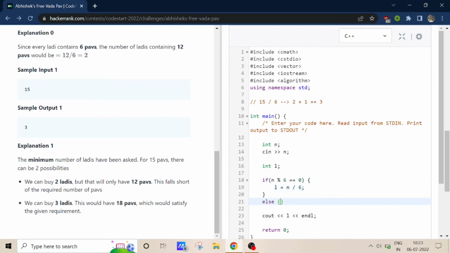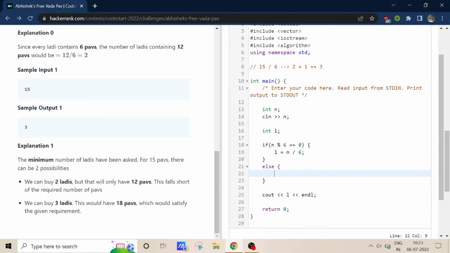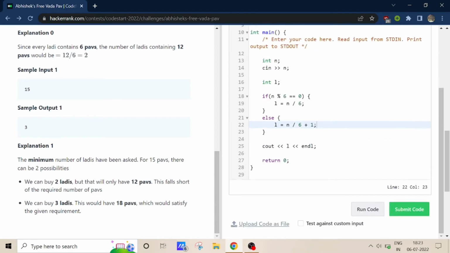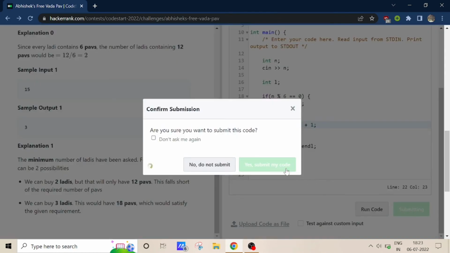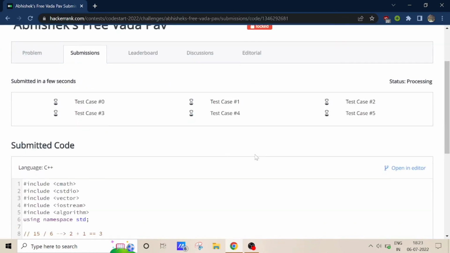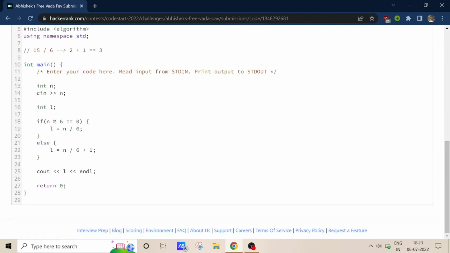And in the case when n is not directly divisible by 6, like in this case 15, my L would be n by 6 plus 1, and I would output L. Let's submit this. So that is an accepted solution.